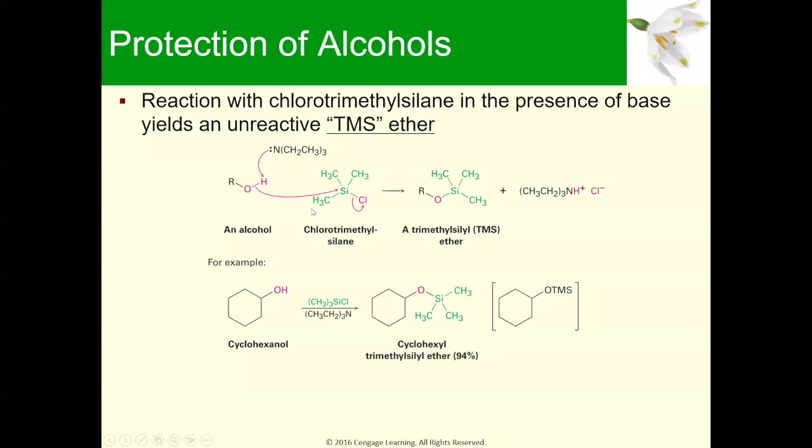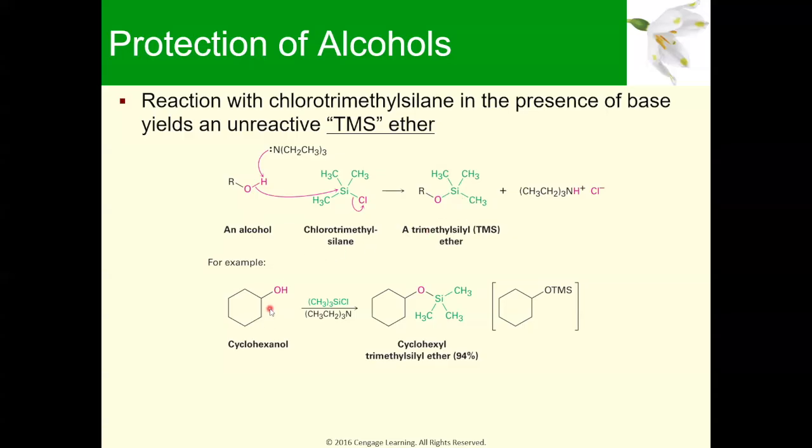Okay, so here's what happens. You have the alcohol, and the oxygen acts as a nucleophile on the silicon, and the chlorine on the TMS chloride acts as the leaving group, and then the base just comes along and grabs the hydrogen. Okay, and so you end up replacing that hydrogen with the TMS group, the trimethylsilane group.